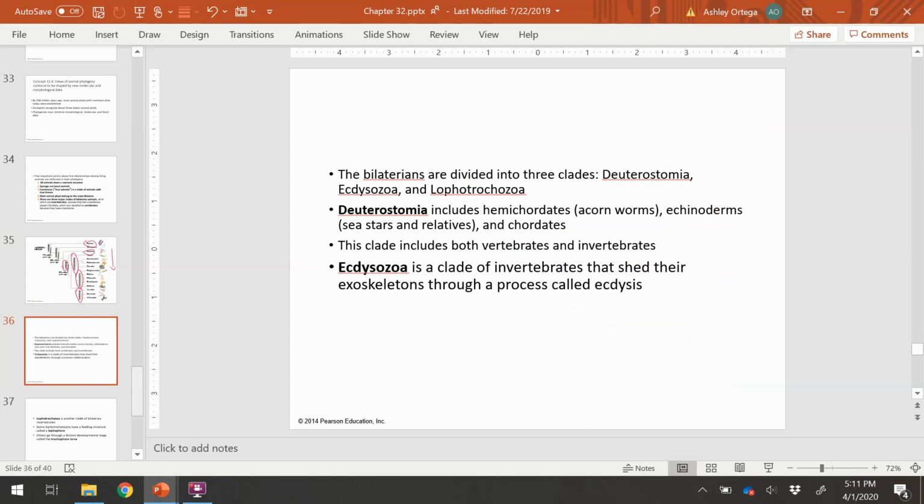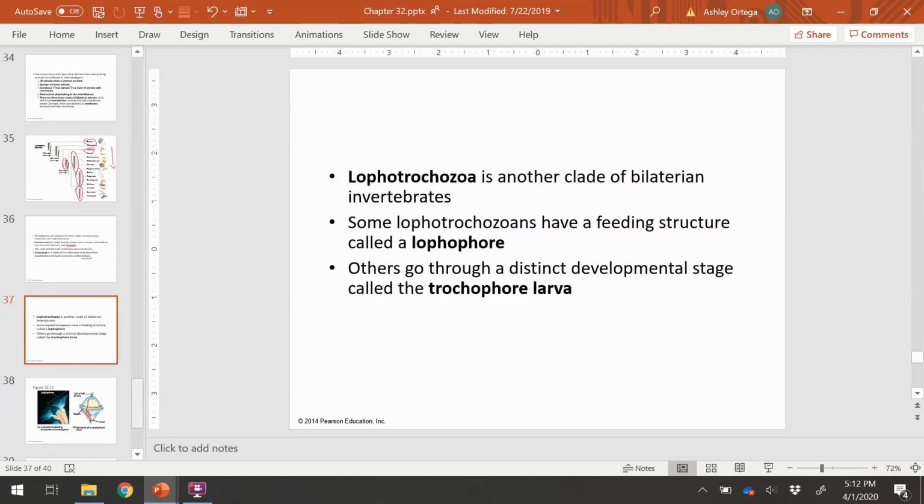Deuterostomia forms the echinoderms, so sea stars. Also, hemichordates are acorn worms, and then the chordate groups. This will include the vertebrates and invertebrates. The Ecdysozoans are a unique clade of invertebrates that shed their exoskeletons through ecdysis, and so that's where it gets its name.